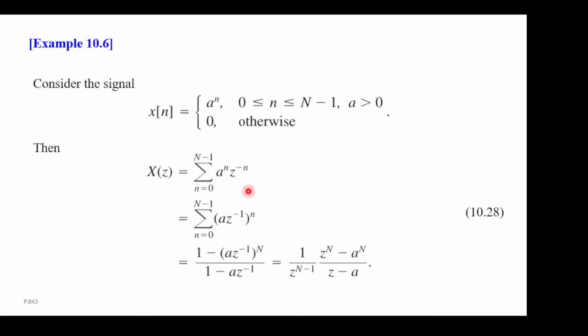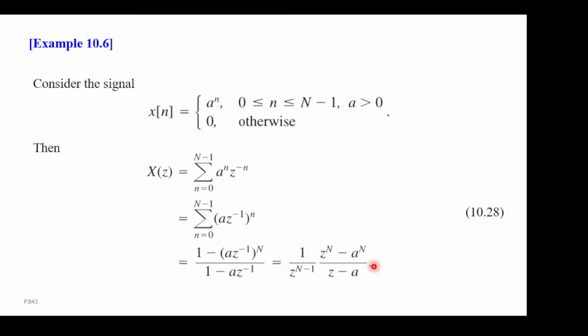And once again, this is a geometric series, although it's a finite duration geometric series. You plug in the formula, so 1 minus r to the N over 1 minus r, I believe. And we also have a^0, so the first term is just 1. Anyway, this is the geometric series formula.